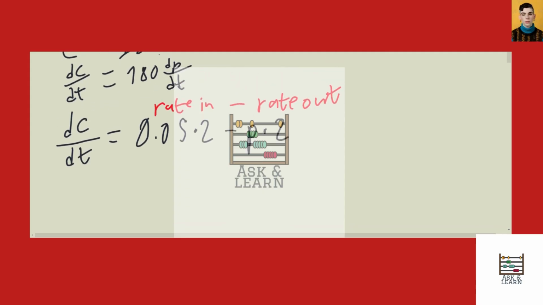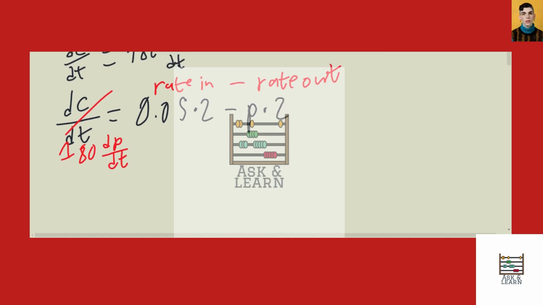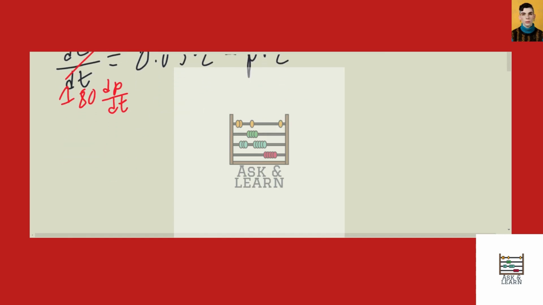And as we said, this is just equal to 180 dP by dt. So to be clear, what we have is 180 dP by dt is equal to 0.1 minus 2p.